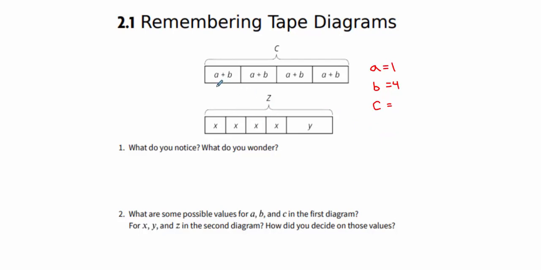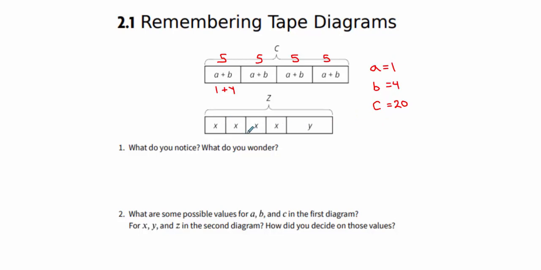Well, 1 plus 4 equals 5, and this one is 5, that one's 5, and that one's 5. 5, 10, 15, 20. So C would have to be equal to 20.